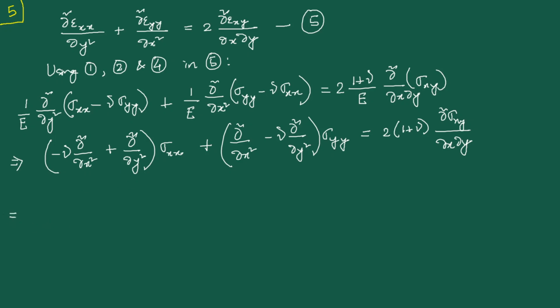So if we do that, then what we are going to end up with is minus 1 plus nu del square del x square plus del square del y square.